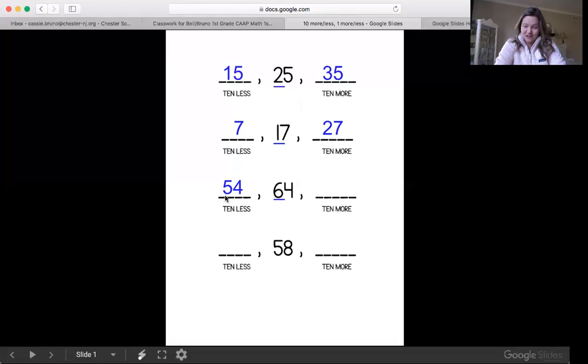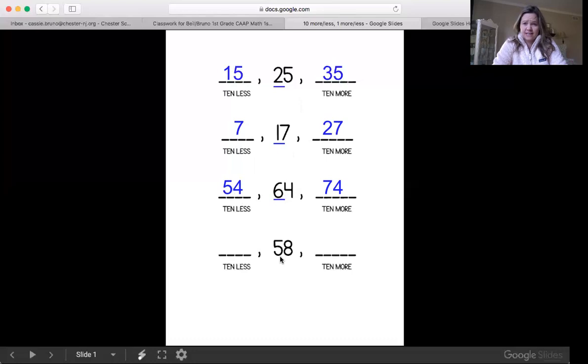See how it went down to a 5? 4 stays the same. Good. Back to our 64. 10 more would be, yes, 74. Great job.